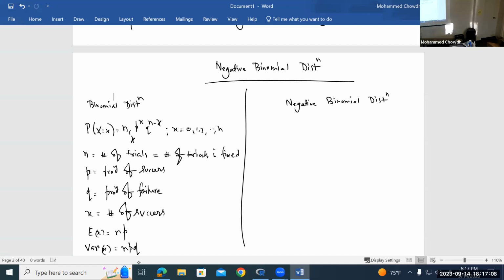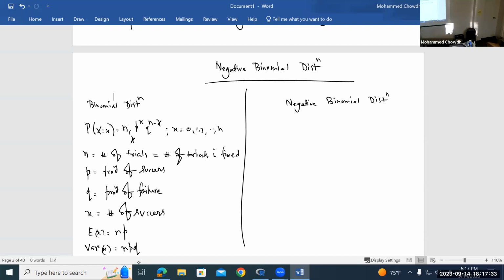N is fixed, the number of trials. A coin is tossed 15 times. N equals what? 15. Tossing one coin 15 times is exactly equal to tossing 15 coins one time. Understand? So the number of trials is fixed.